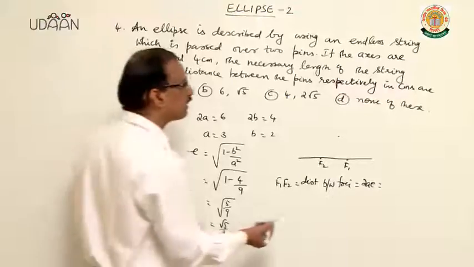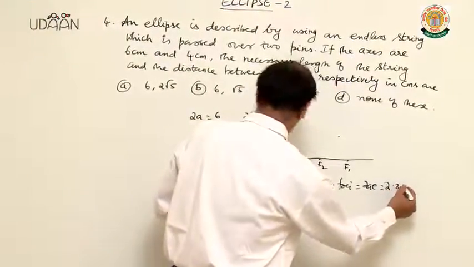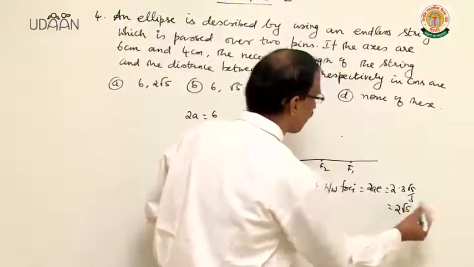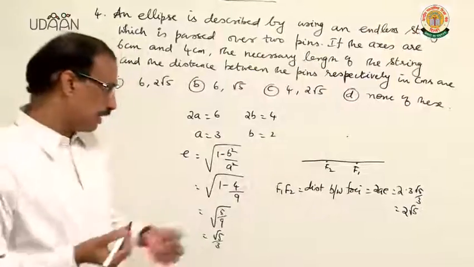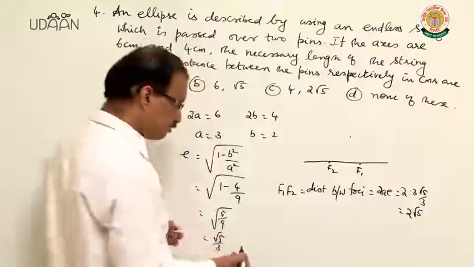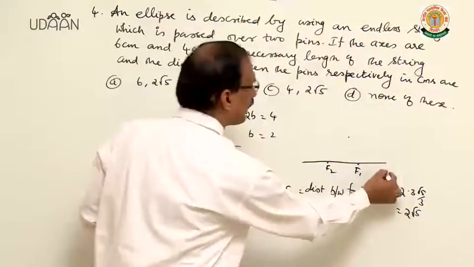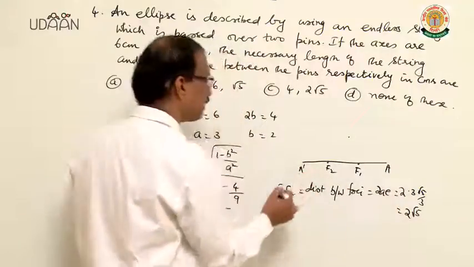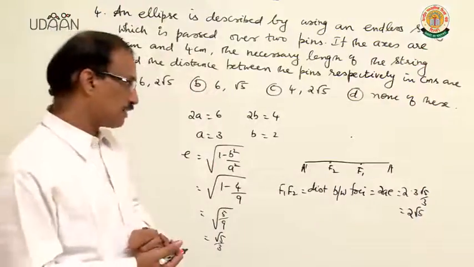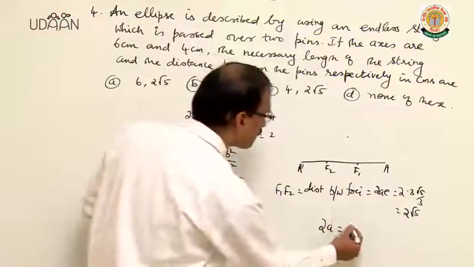So that gives 2 into 3 into root 5 by 3, or 2 root 5. 2 root 5 is the distance between the foci. Then 2a, the distance between the vertices A and A dash, equals 6.